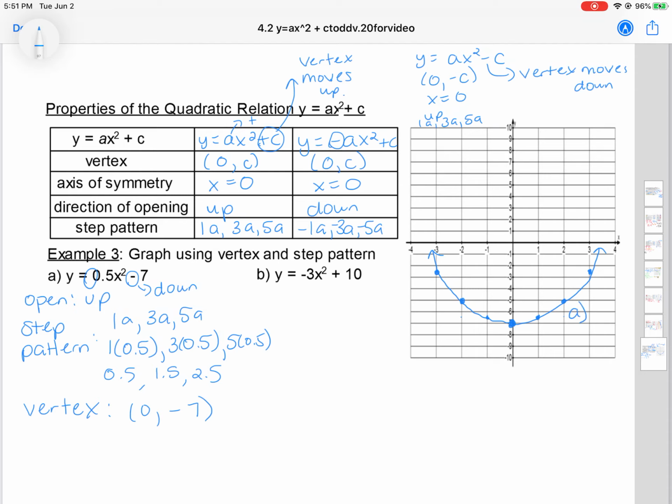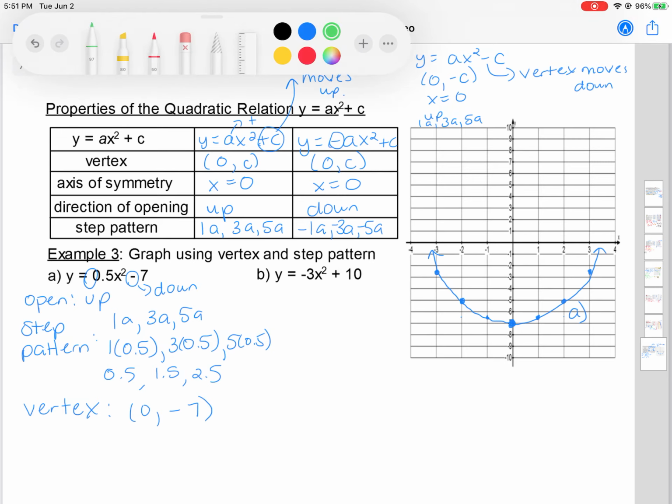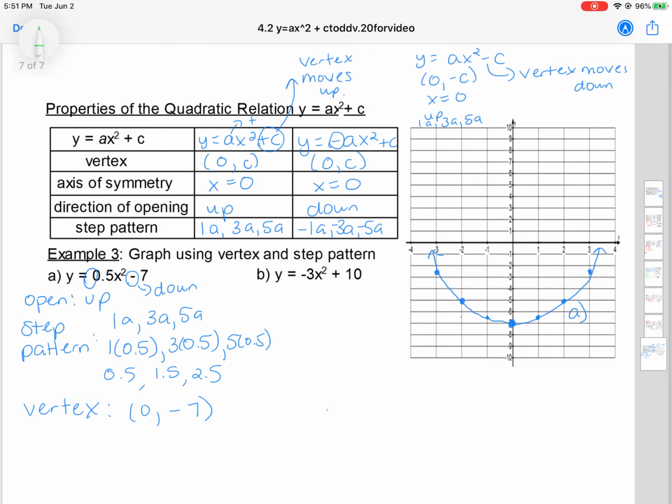Okay, so again, label that A. So again, you can see the vertical compression, it sort of looks fat, okay, because that was a fraction out front. Now for B, it opens down because of the negative.